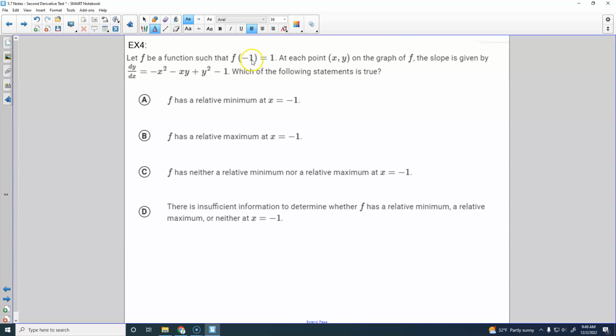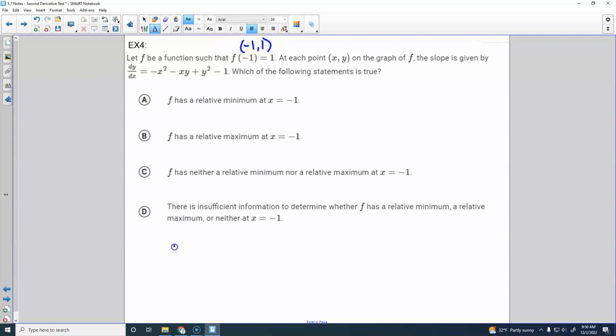I know that they've given me this information for this point -1, 1. And if you look at everything here, everything's talking about at x equals 1. All right, so this is the condition that we're going to use.